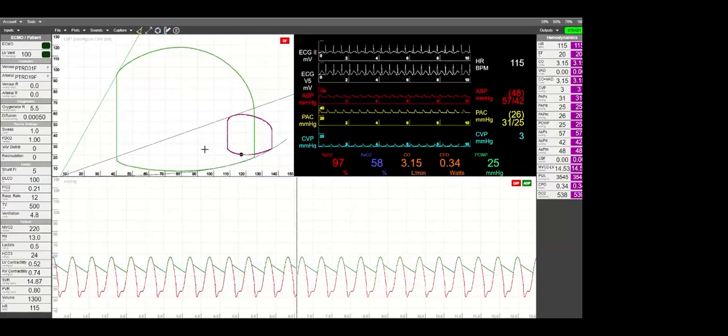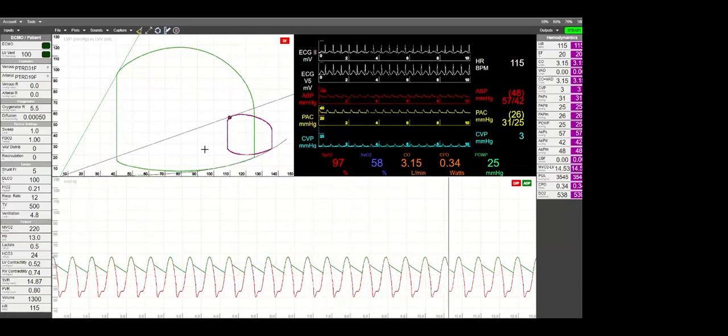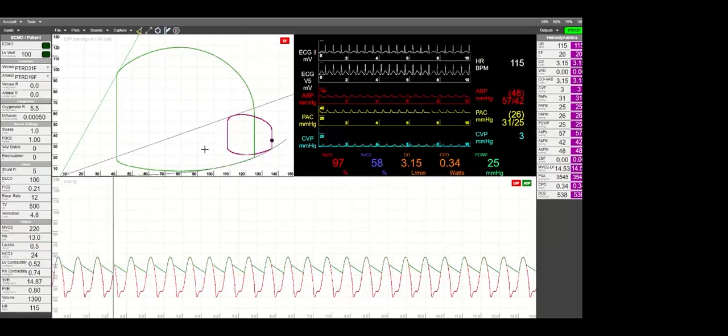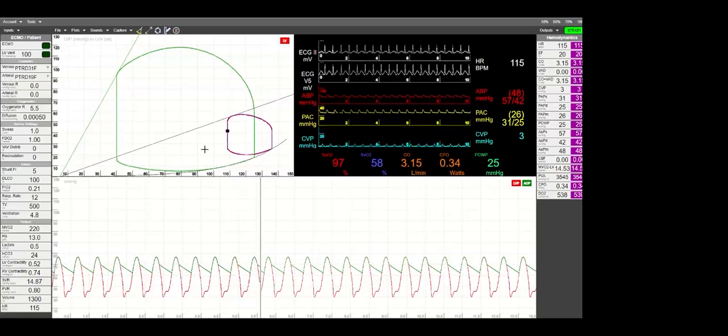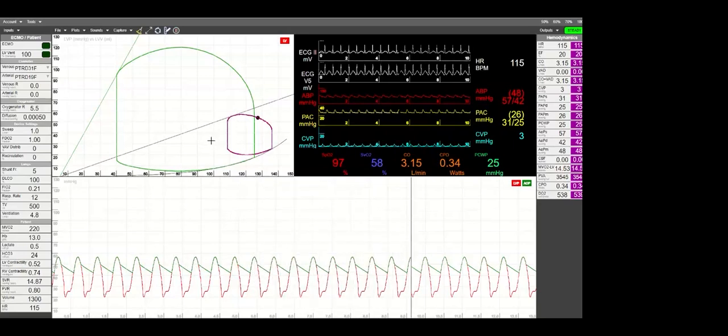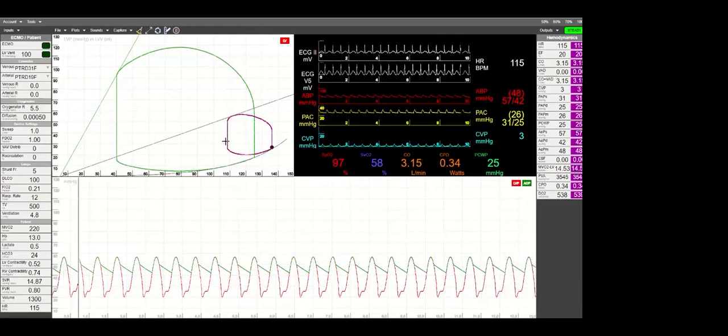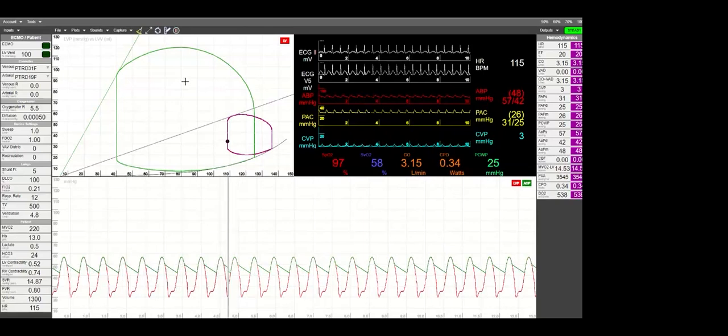And again, the potential energy is that energy used during contraction, relaxation, that's not externally transferred to the system. The system being our end organs, the circulatory system. So if we're not externally transferring that energy, it's kind of wasted energy, and we have a very inefficient heart in the purple here, purple cardiogenic shock heart compared to our green healthy heart.